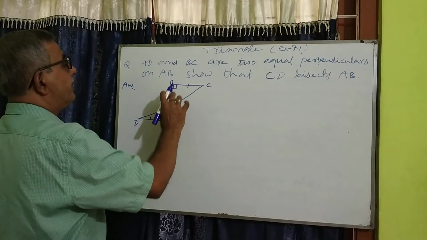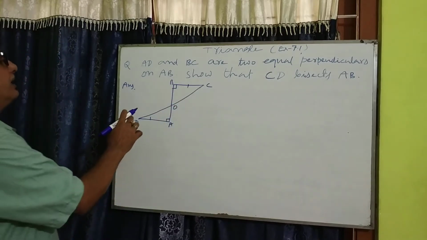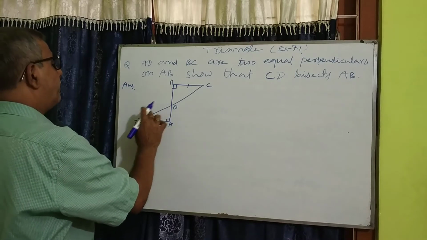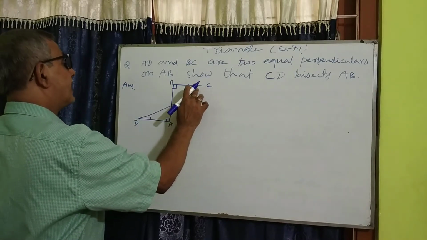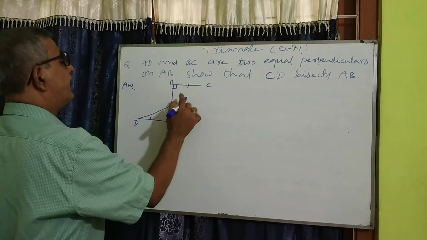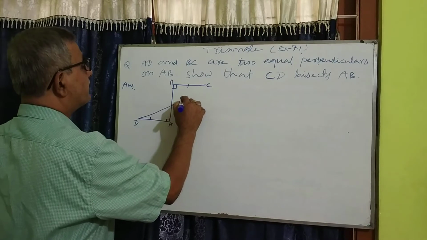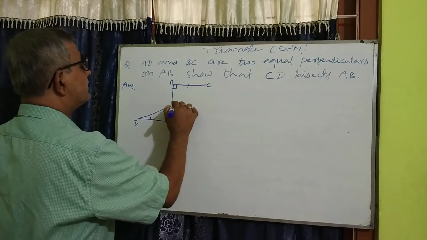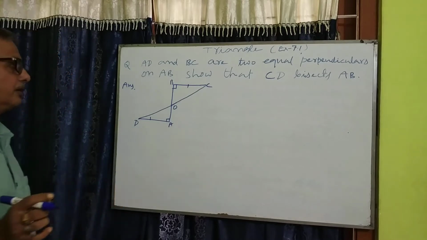You have to prove OB is equal to OA, then only you can say CD bisects AB. Draw it a little bit lengthy, and take the help of a scale. Without a scale it may not be so perfect.